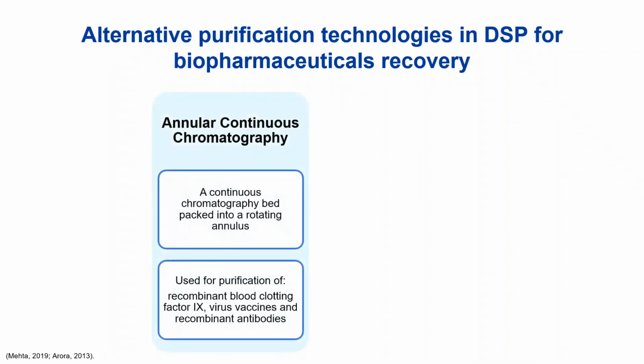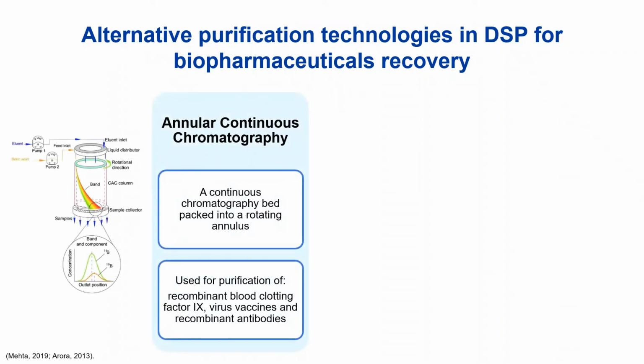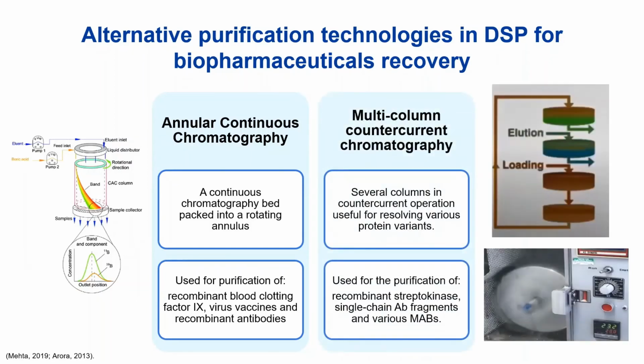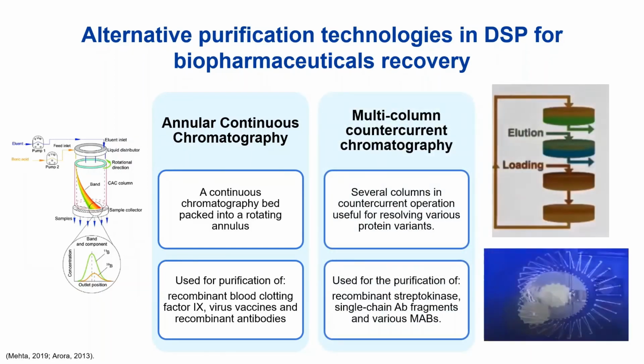Also, there's annular continuous chromatography, where the chromatography bed is packed into a rotating annulus to work in a continuous mode. It has been used to purify recombinant blood clotting factor IX, virus vaccines, and recombinant antibodies from the cell culture supernatant. Finally, there's multi-column countercurrent chromatography, where at least 3 columns are required. The first one is loaded to saturation.